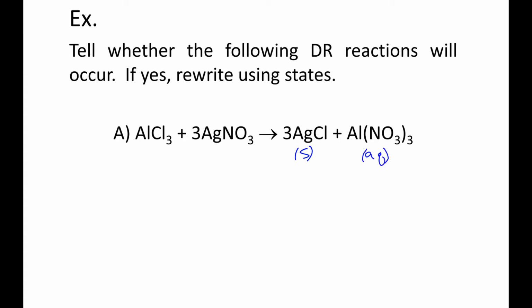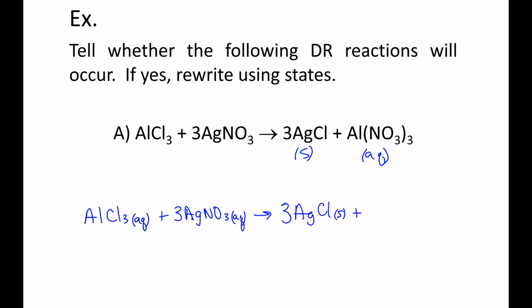So we're going to rewrite this reaction using the states. Now we know, as I said, both of the reactants are automatically aqueous. Otherwise, you can't do this reaction anyway. And then 3AgCl with an S.